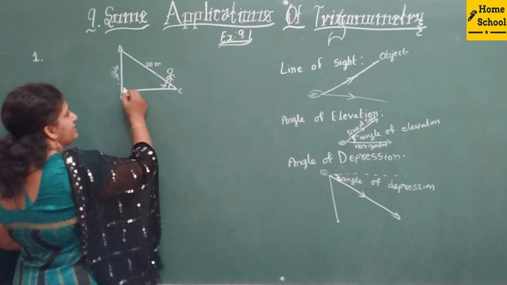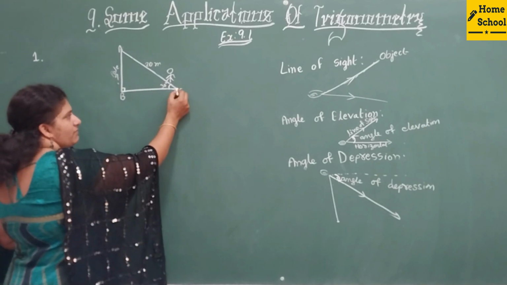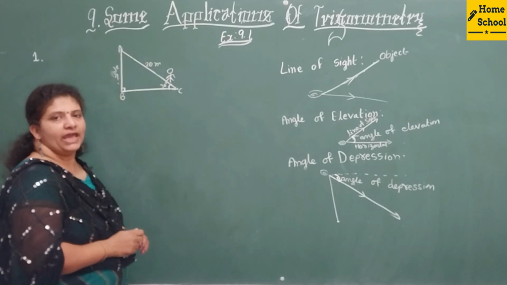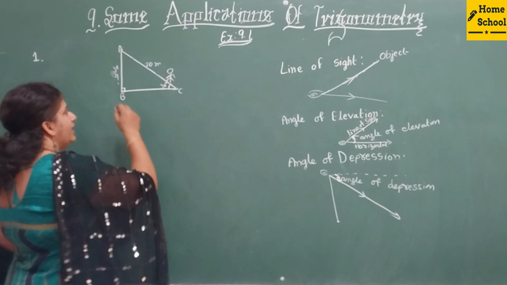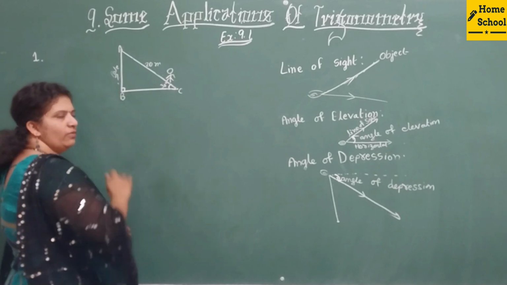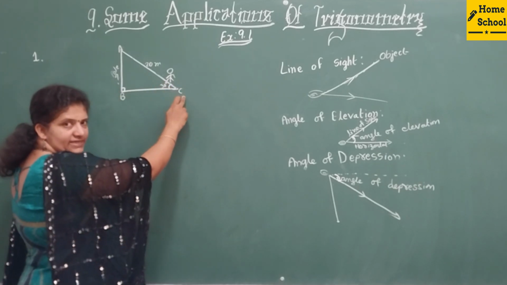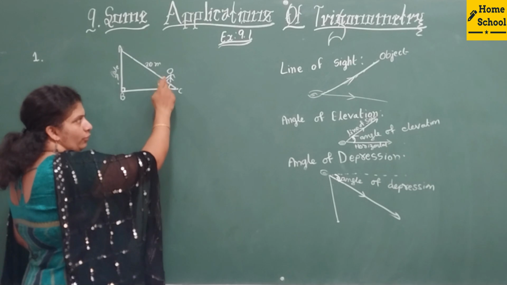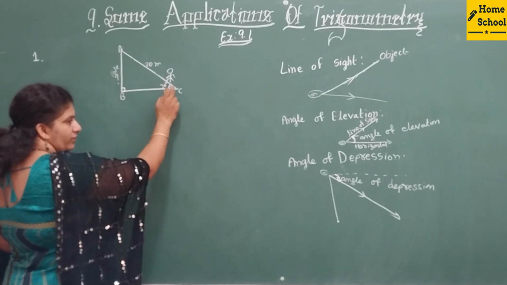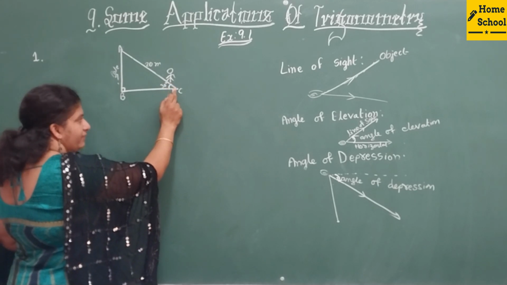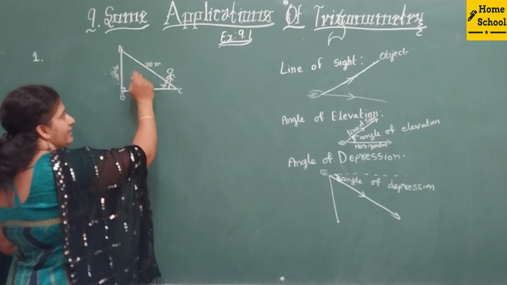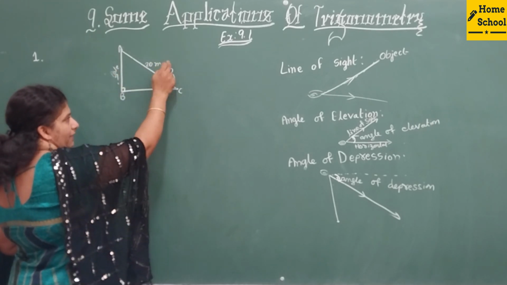BC is the ground level. From here, the rope is tied to the top of a vertical pole AB. AB is a vertical pole and this pole is perpendicular. Find the height of the pole is your question. From point C, the angle between the rope and the ground level is 30 degrees. We know acute angle theta value is given here. From here you observe this side is called the opposite side and this side is called the hypotenuse.